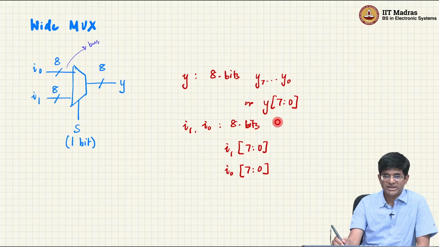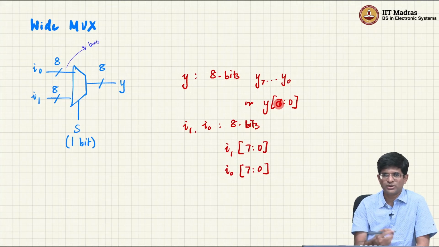In terms of the languages that we will be using for programming, we will usually refer to it as Y of 7:0, right? So you can see that unlike in a C array where you would basically say, I have an array of 10 numbers, the numbers are A of 0, A of 1 up to A of 9, right? I never say A of 9:0 to indicate that it is counting down from 9 to 0.